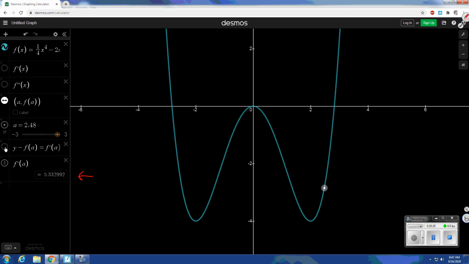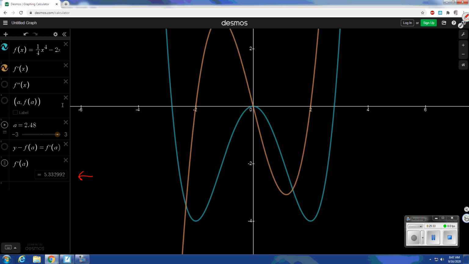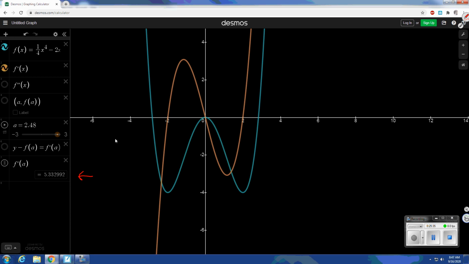So what I'm now going to do is get rid of this tangent line, and we'll get rid of the point. We're going to plot f prime. Okay, so what does f prime look like? Exactly as what we expected. We can see that where we have a max and a min on f prime is where we have the points of inflection on f.